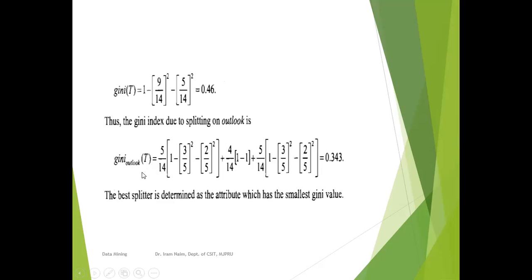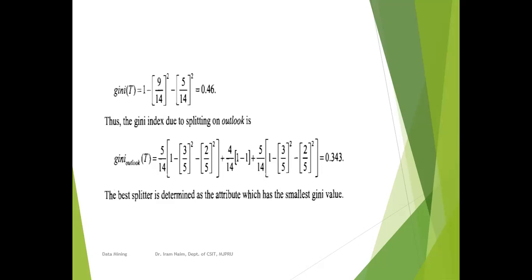Now we'll calculate the Gini index value after splitting on the outlook value. This split takes place in three different partitions: sunny, rainy, and overcast.